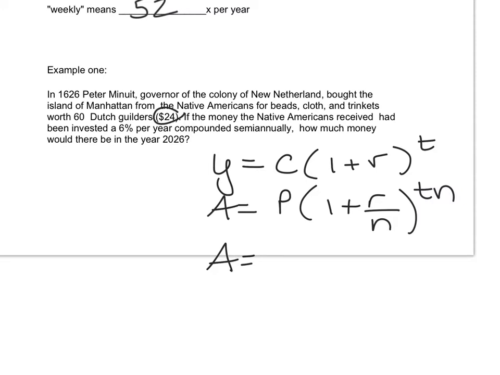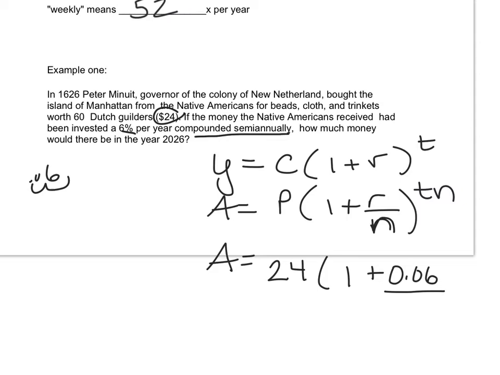That's our $24. Your rate is 6%. So remember, we have to take our 6% and make it into a decimal. So we have 0.06. We're now dividing that number by the number of times that we're compounding. So we're compounding semi-annually, so that means twice.